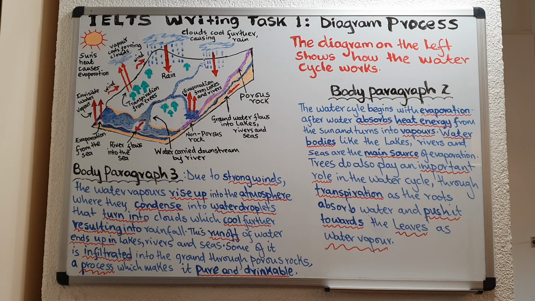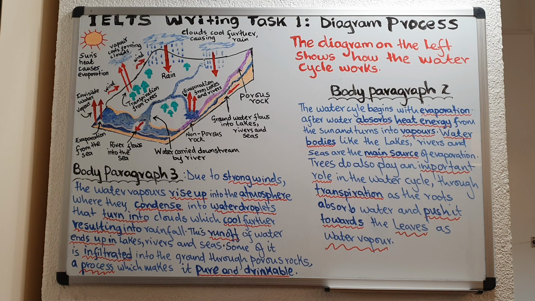So when we look at this diagram, we have 2 sources of evaporation. On the one hand, we have lakes, rivers, and seas, and on the other hand, we have transpiration from trees, okay? So the first paragraph should be based about the first few steps.